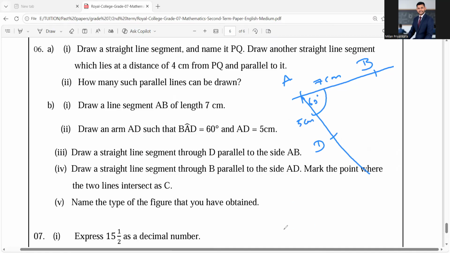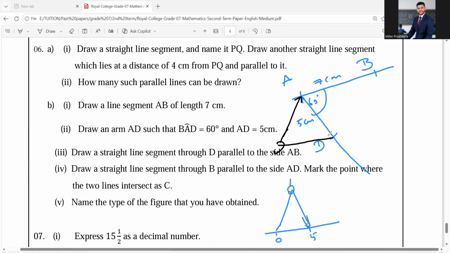You take your compass and your ruler, and mark 0 and take 5. You adjust your compass like this, then bring it to here and keep the compass here.